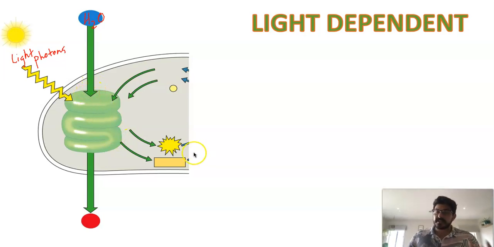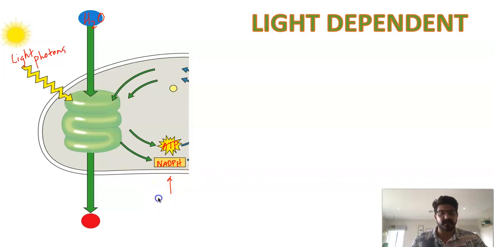The major things to remember about this is what is being created that carries over to the next reaction. We do have ATP that is being created, and we do have NADPH. These two molecules here are, well, they're classified as coenzymes.